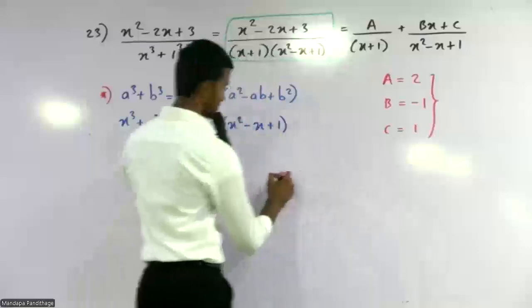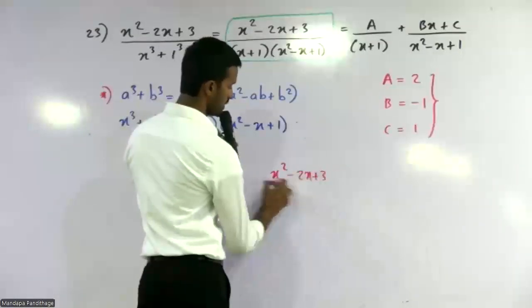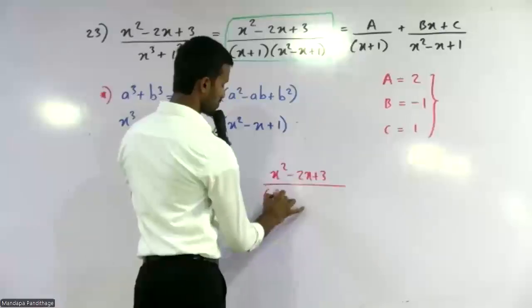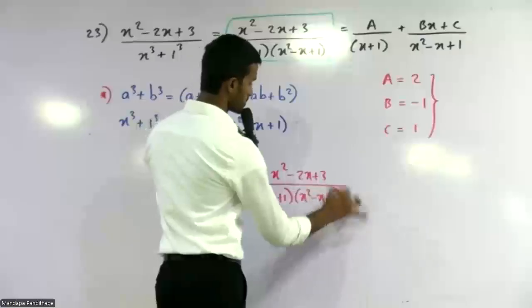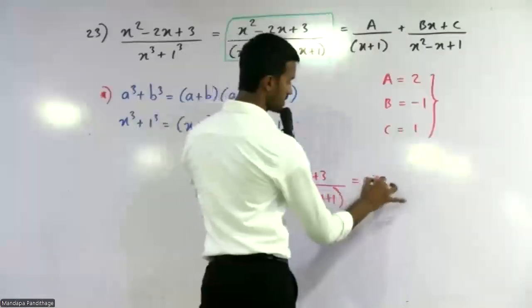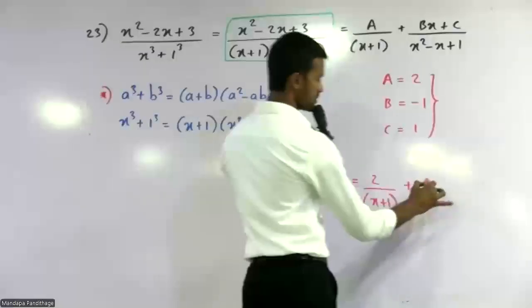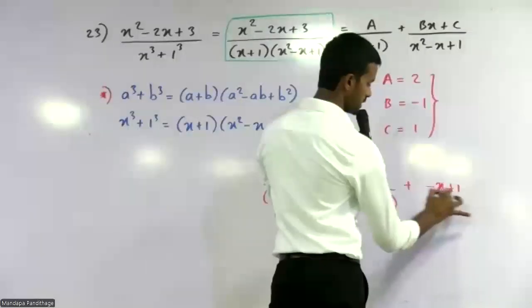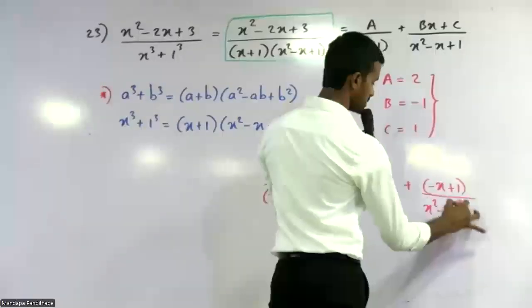Your final partial fractions: x squared minus 2x plus 3 over x plus 1, x squared minus x plus 1 is equal to 2 over x plus 1 plus minus x plus 1 over x squared minus x plus 1.